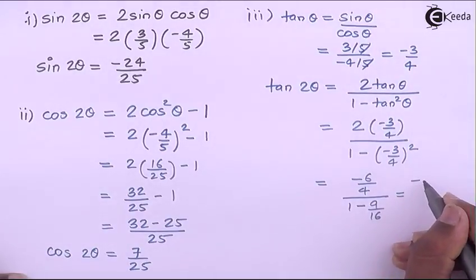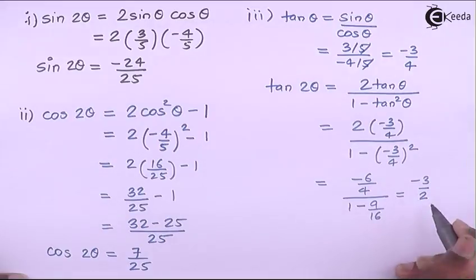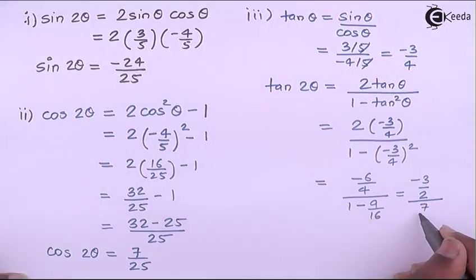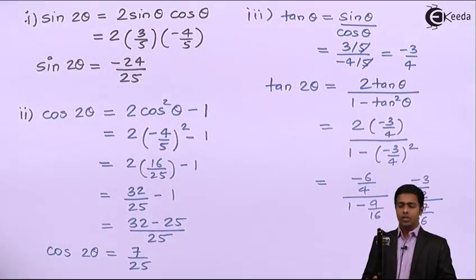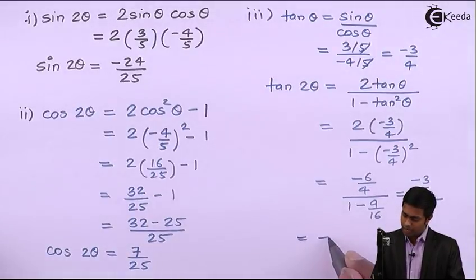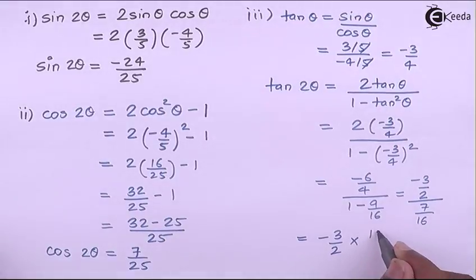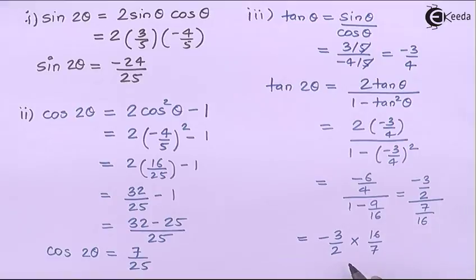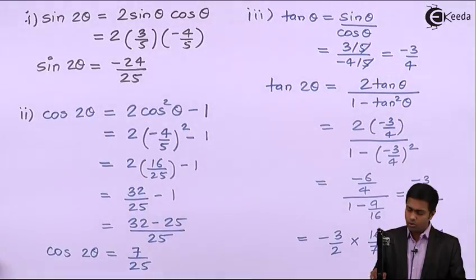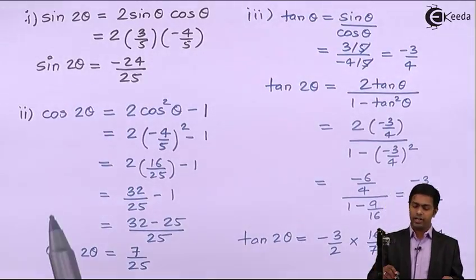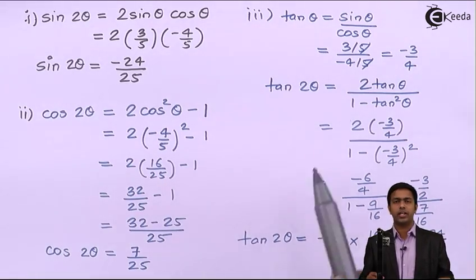So this is minus 3 by 2, and here we will get 16 minus 9, that is 7 upon 16. So by solving this, we get minus 3 by 2, divide will become multiply, and 7 by 16 will become 16 upon 7. So 2 1s are 2, 2 8s are 16, and 8 3s are 24. So minus 24 by 7. So this is the value of tan of 2 theta. So guys, we got 3 values, that is of sin 2 theta, cos 2 theta and tan 2 theta.